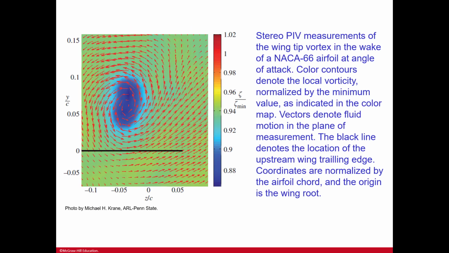So we can use that starting to ending over that entire plane to see the movement, the velocity, the behavior of it. Here's stereo PIV measurements at a wingtip vortex in the wake of a NACA 66 airfoil at an angle of attack. The black line denotes the location of the upstream wing trailing edge, and the coordinates are normalized by the airfoil chord and the origin of the wing root. Here the vectors denote fluid motion in a plane of measurement.